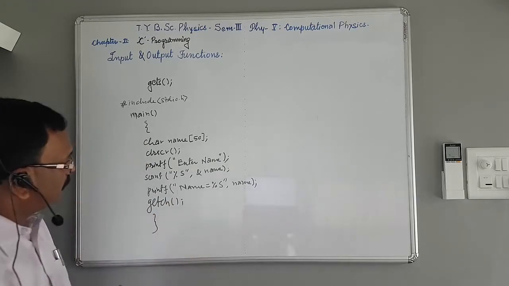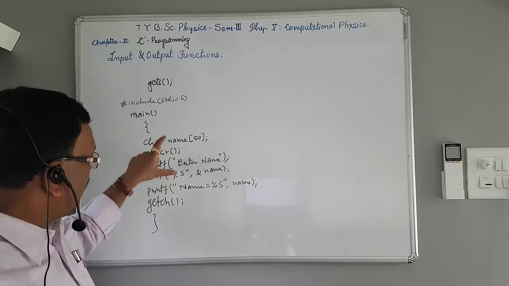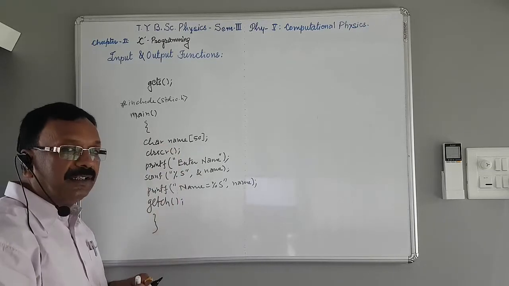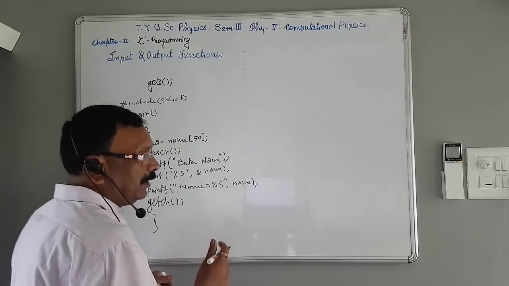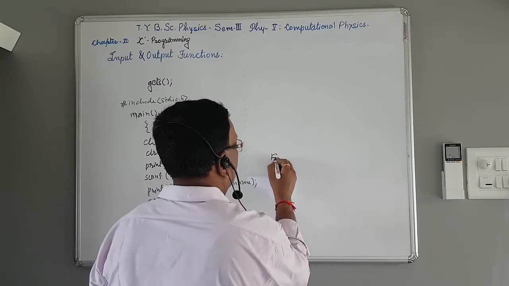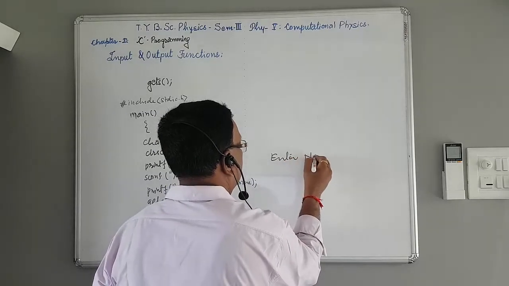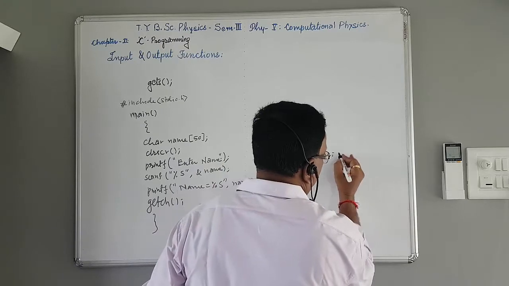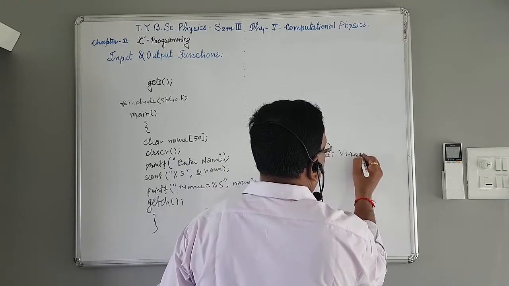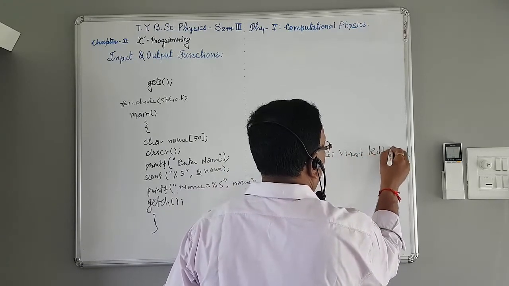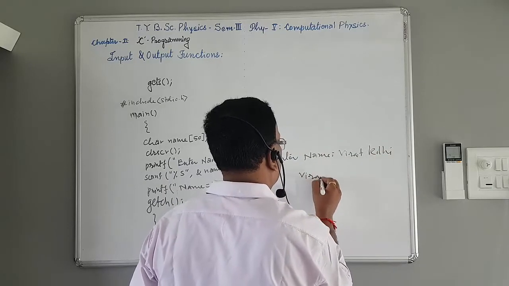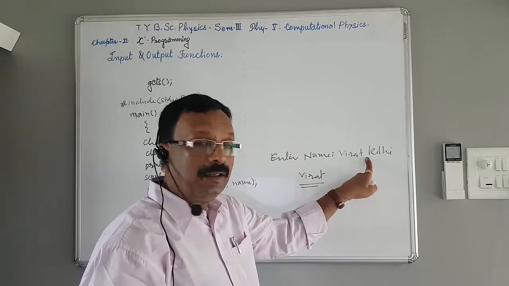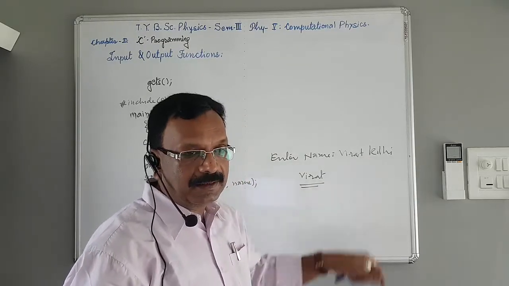Then this. What is the drawback of this program? When this program is run and executed, the computer asks us to enter name. If we put here Virat Kohli, the output is only Virat, because the computer supposes that there is no further data due to this blank space.